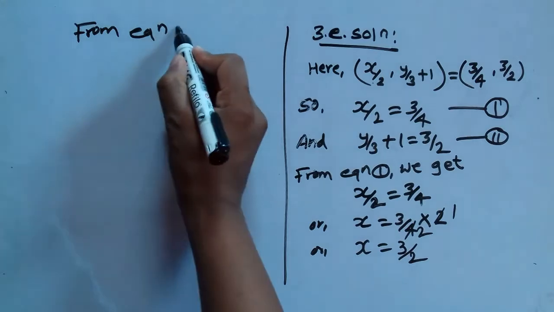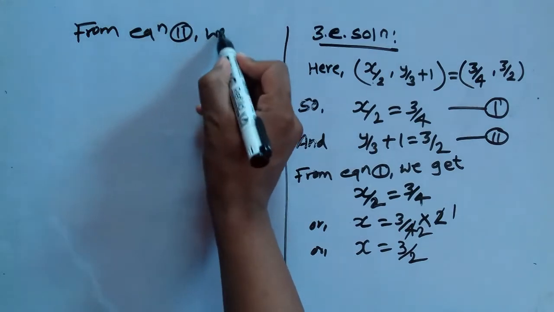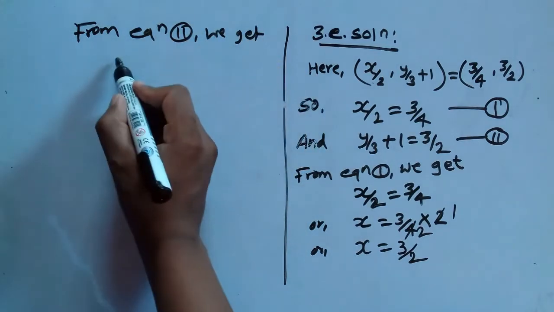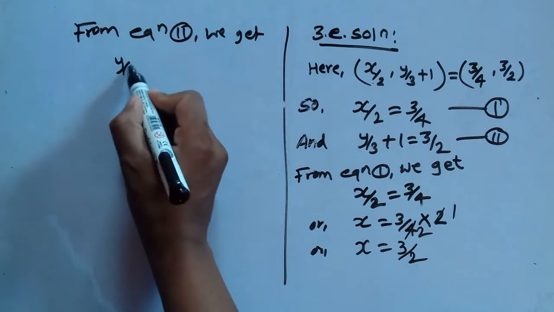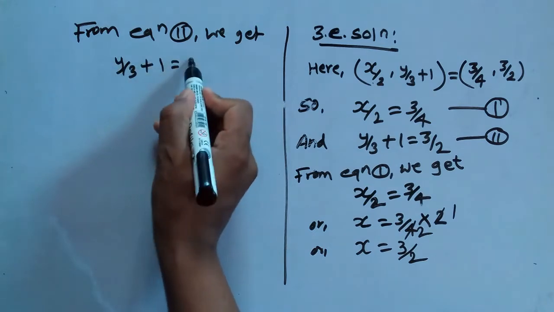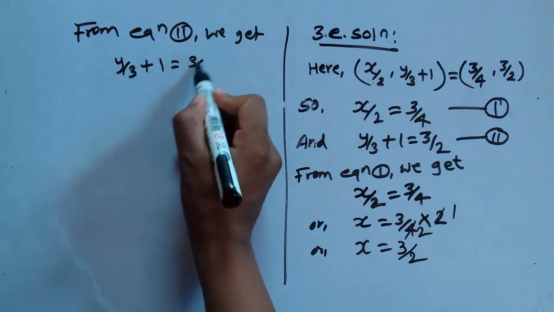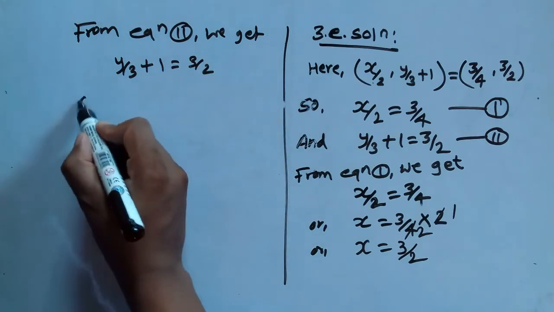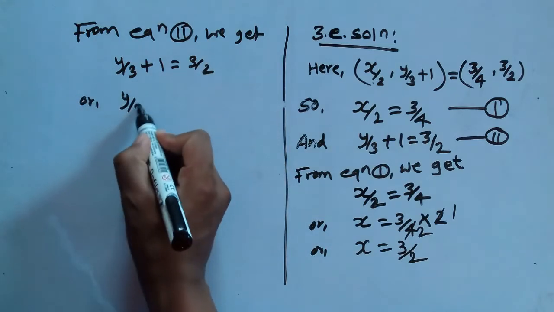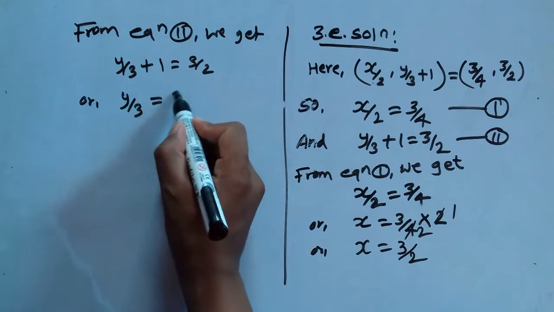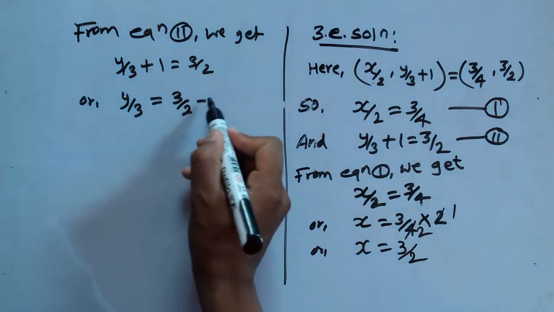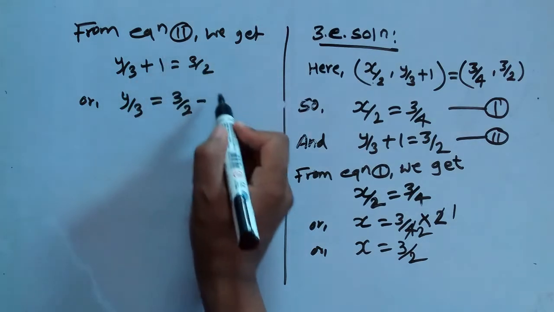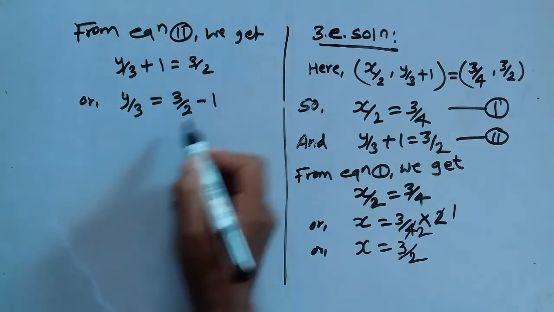From equation 2 we get y by 3 plus 1 equals 3 by 2, or y by 3 equals 3 by 2 minus this plus 1; when it goes to the other side it becomes minus.